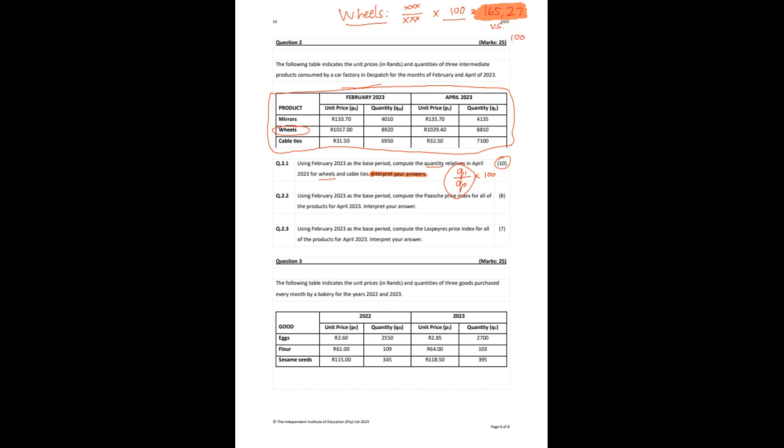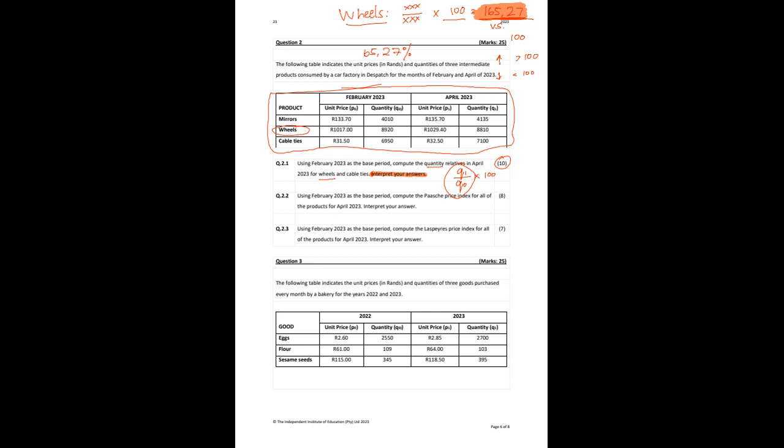Remember, if it's greater than 100, it indicates an increase. If it's less than 100, it would have been a decrease. So if you get a figure that's higher than 100, like this random example I gave you, the difference between that and 100 is 65.27. And here you'll put in the percentage and say the quantity consumed or the quantity sold, whatever it is, of wheels.